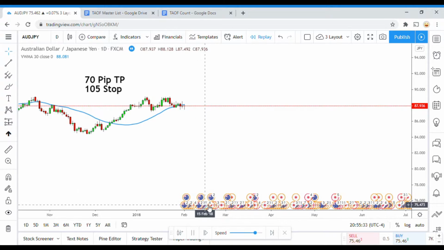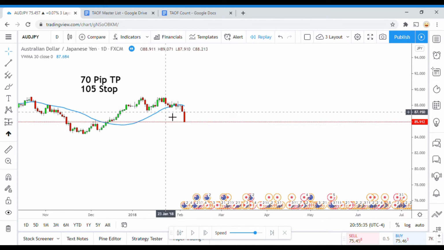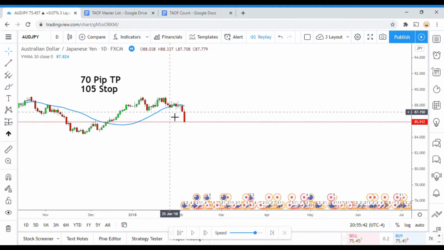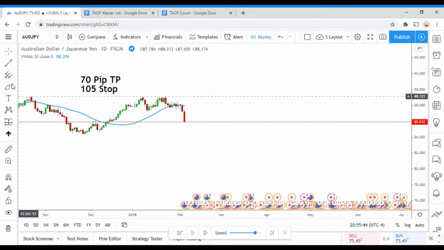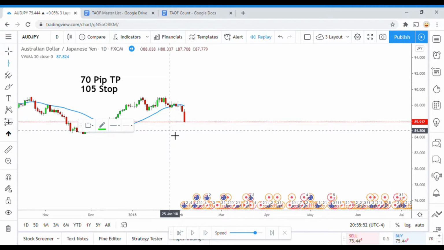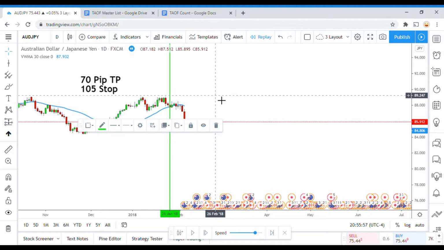And then as we go further into the other moving averages, we will break down which one is the best one, or which one is the most reliable.